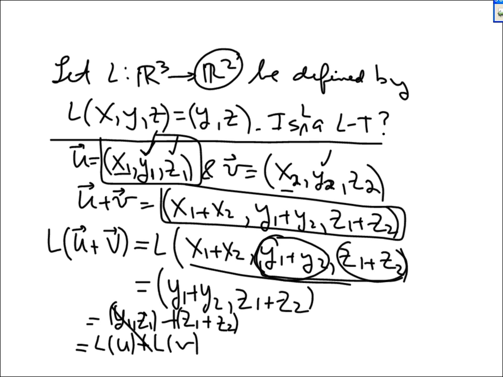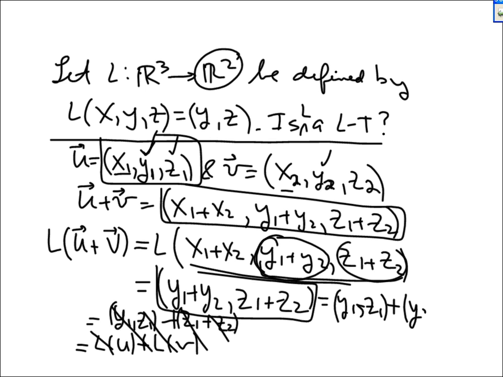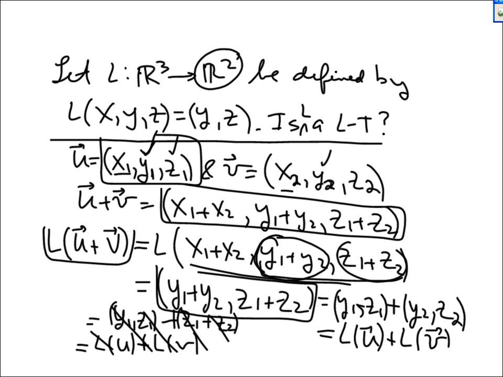That is, this vector in R2 is the same as y1, z1 plus y2, z2. That is, it is L of u plus L of v. So yes, L of u plus v really is L of u plus L of v.